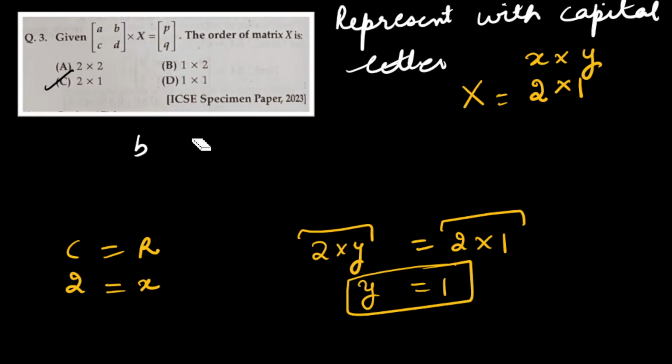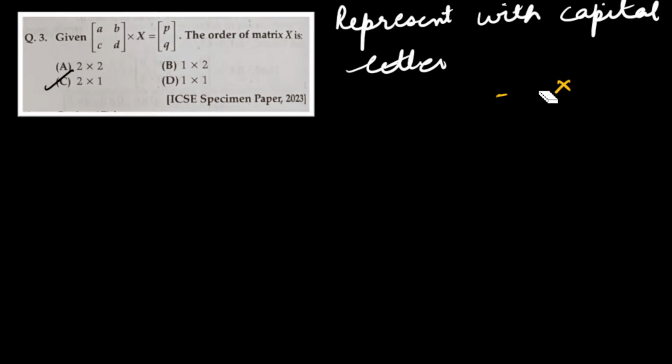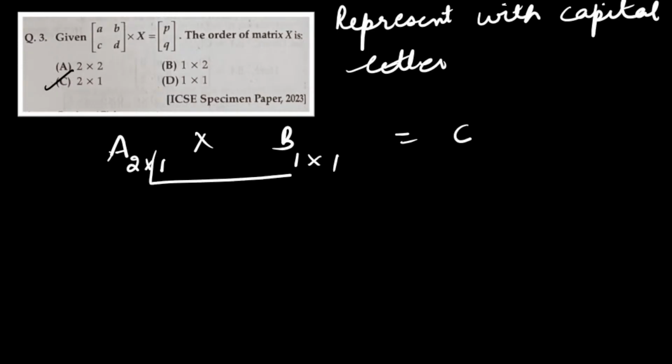Okay, one second. I'll just explain once again for those who haven't understood. Suppose I am multiplying matrix A with matrix B. After multiplying, I am getting matrix C as the answer. Suppose the order of matrix A is 2 by 1 and the order of matrix B is 1 by 1. I am just giving you one example. If you multiply these two, then these two should be the same.